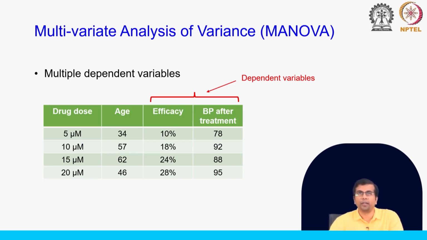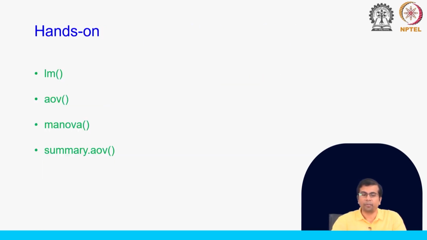You can imagine in your case, there are specific data sets where we have to predict multiple dependent variables. But we'll talk about ANOVA mostly rather than MANOVA, and we'll see some of the functions that are there. If you want to do this ANOVA analysis, we can use the lm function, which builds a linear model. We will use this a bit later when we talk about linear regression.